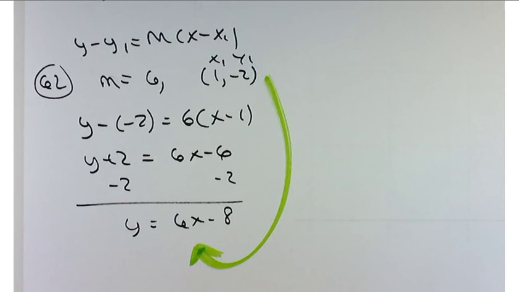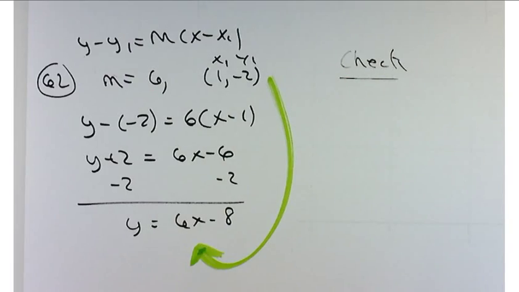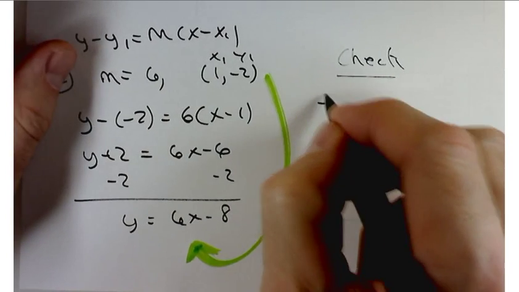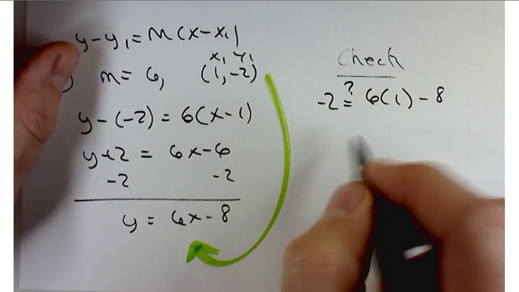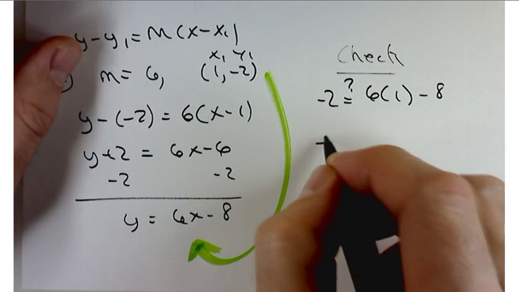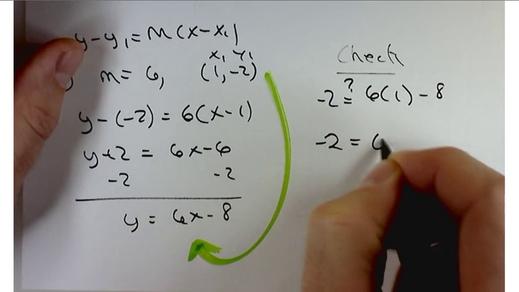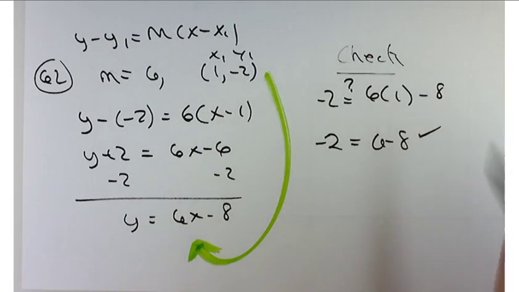So if I plug it in, if I wanted to check it, does negative 2 equal 6 times 1 minus 8? So I'm plugging in my x and y coordinates into this equation. Does negative 2 equal 6 minus 8? Yeah, that works. How about the slope, though?